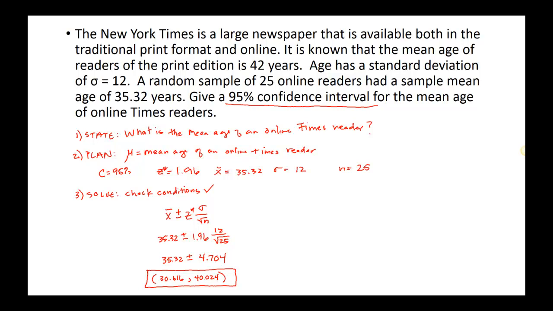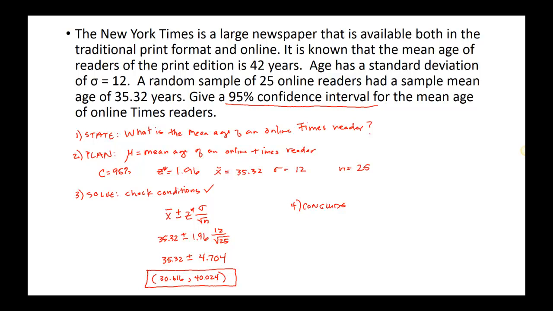So all I have left is step number 4, which is conclusion. Write the conclusion. And there's a very specific way that you want to write your conclusions for confidence intervals to make sure that you don't say anything incorrect. For beginning statistics students, it's easy to throw words in that might sound good, but actually make your conclusion incorrect.